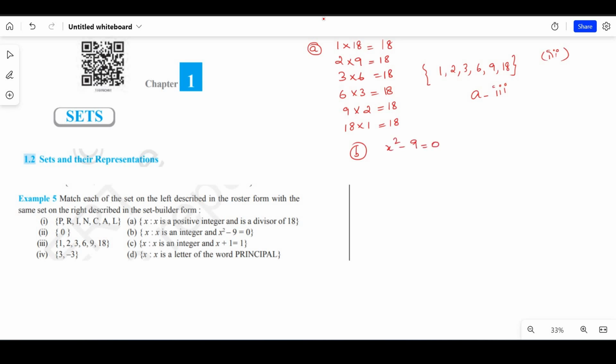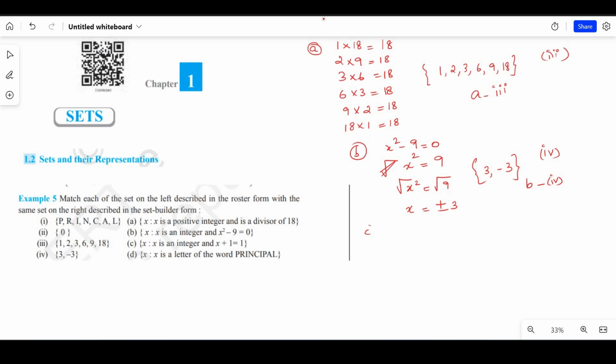Let's take 9 to the other side. It becomes x square is equal to 9. Let's take the square root on both sides. Root of x square is equal to root of 9, which gives x is equal to plus or minus 3. So this can be written in the roster form as 3, minus 3. So B matches with option number 4.